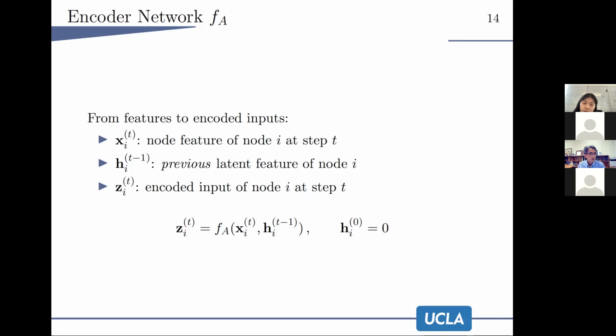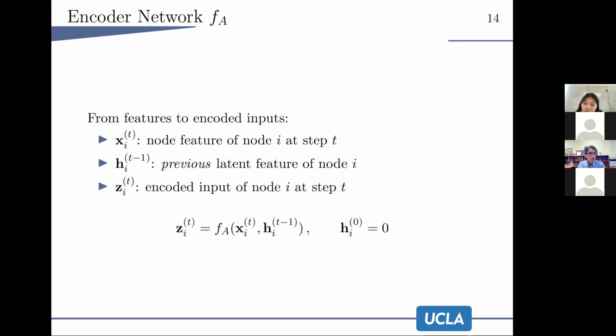But anyway, x has to be involved here because this is the encoded input, which means that at least we should take in the input. But the h, maybe they just want to encode it so that the input also carries some previous stage information.